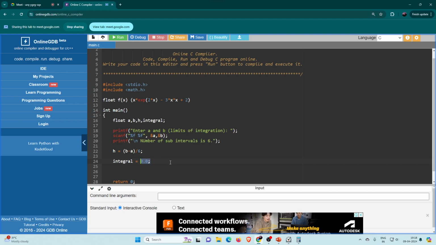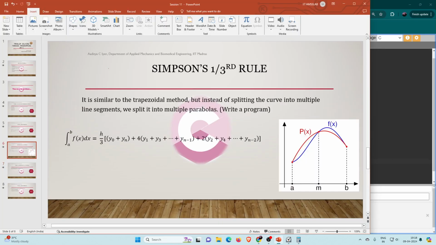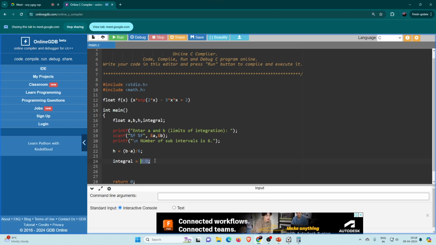Yeah, I will just initialize this to 0. Now instead of doing this, I can right away just add these two values, I mean the boundary values, right?